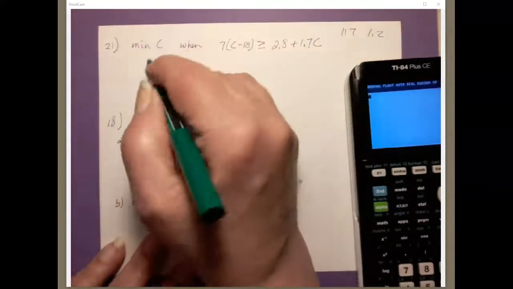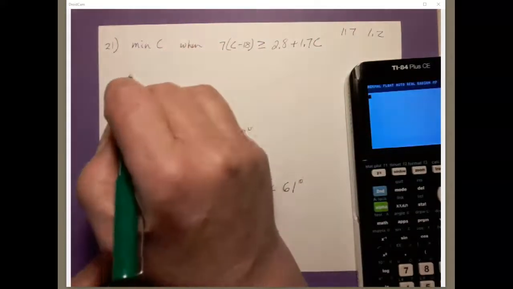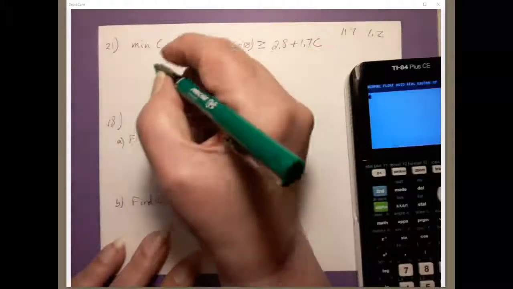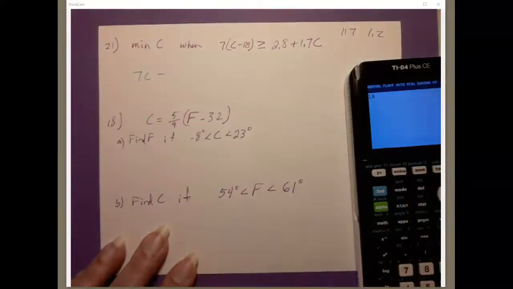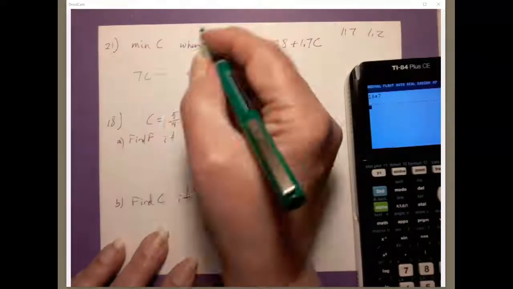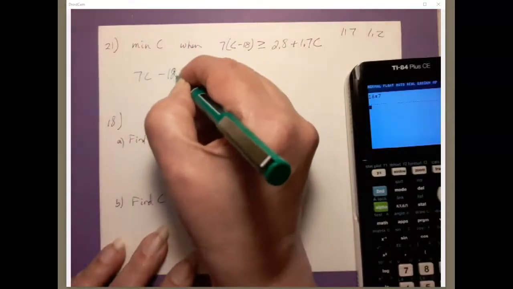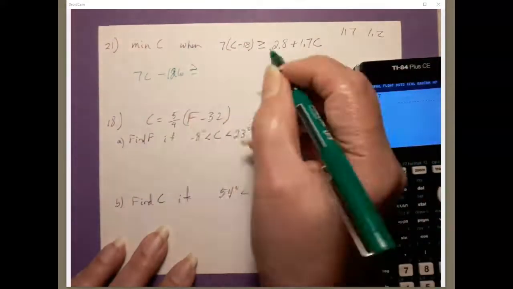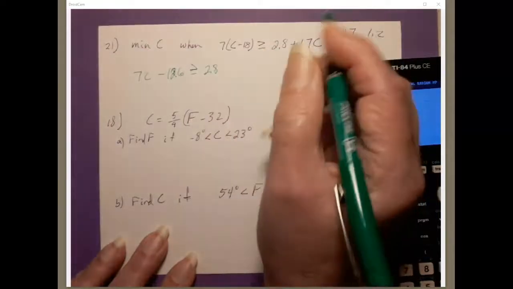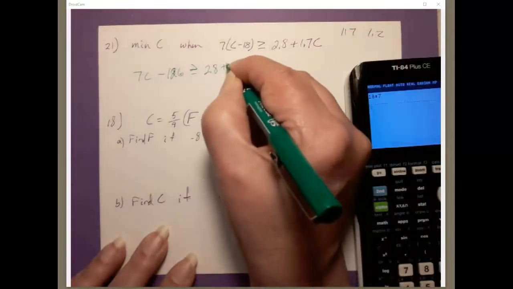So the first thing I'm doing, minimum C, means I want to find what C is going to be and then figure out what the minimum will be. 7C minus, I need 18 times 7, and that's 126, is greater than or equal to 2.8 plus 1.7C.